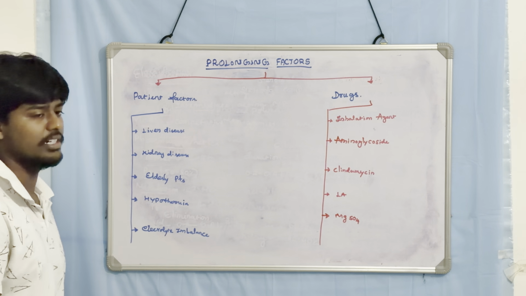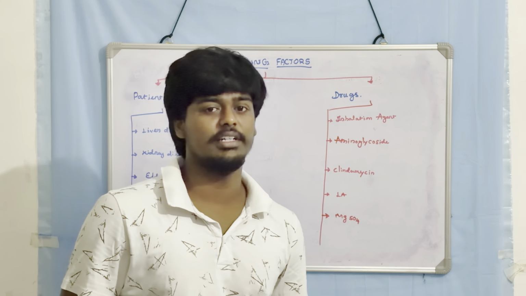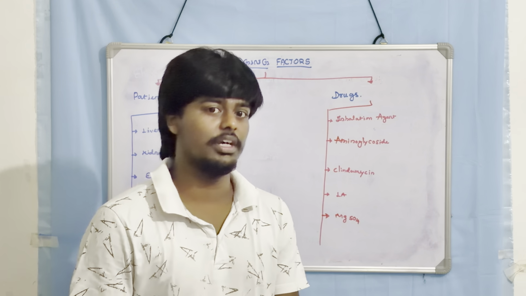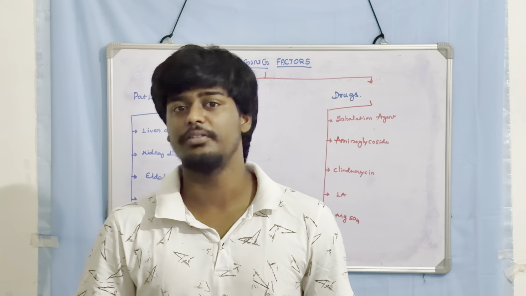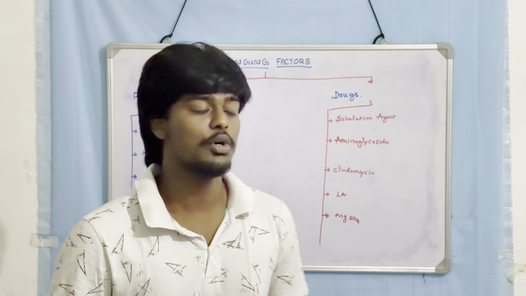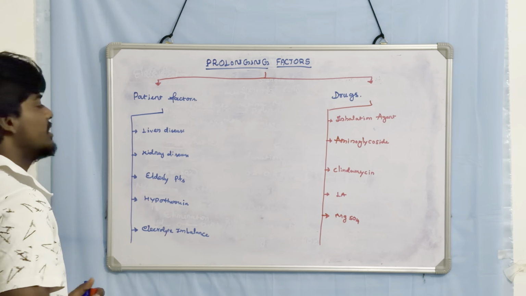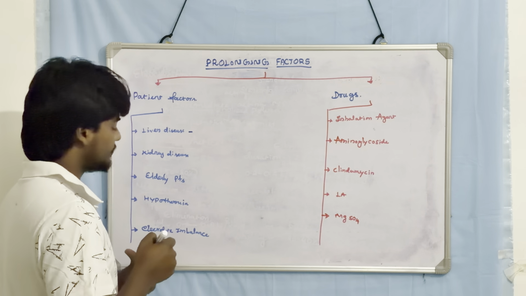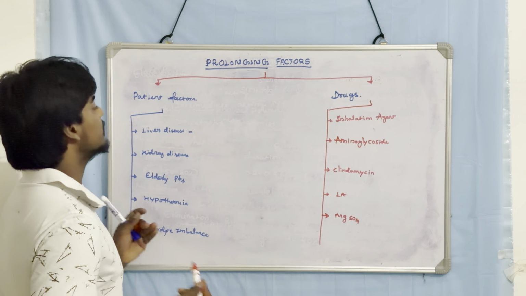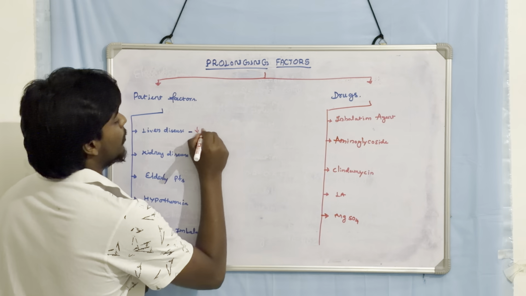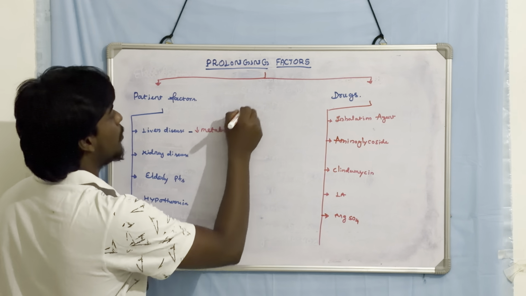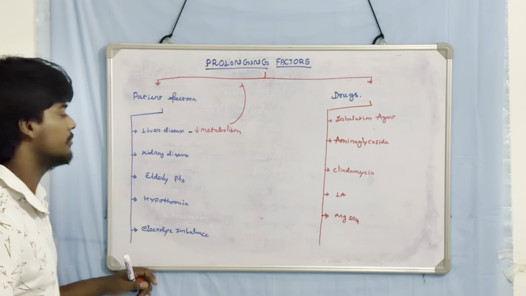First, liver disease. A patient with liver disease has compromised liver function. We already know that Vecuronium is metabolized by hepatic metabolism. So a patient with liver disease has decreased metabolism. That decreased metabolism leads to prolonging of Vecuronium action.